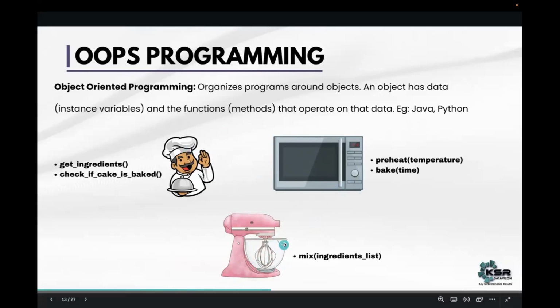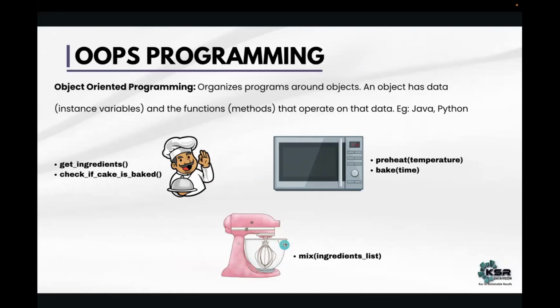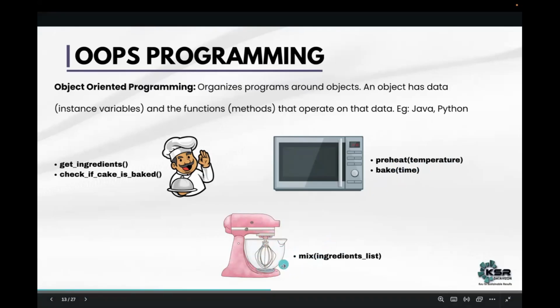These are objects, and you can define what each object can do. This microwave can preheat and this microwave can bake. For preheating, you can specify which temperature you want to preheat to. For baking, you can specify how much time you want to bake for. And this mixer can mix. You can specify a list of ingredients to mix, and it will mix.